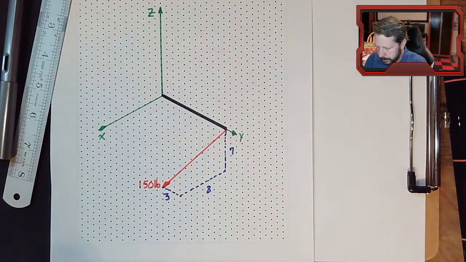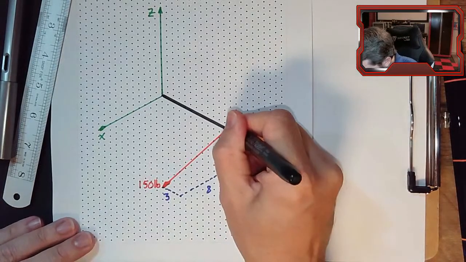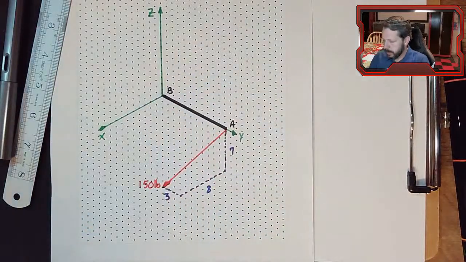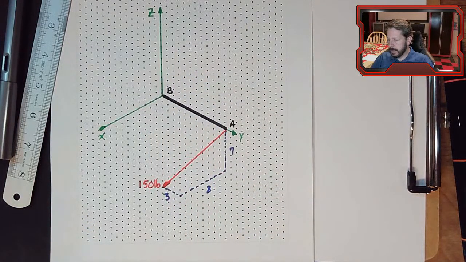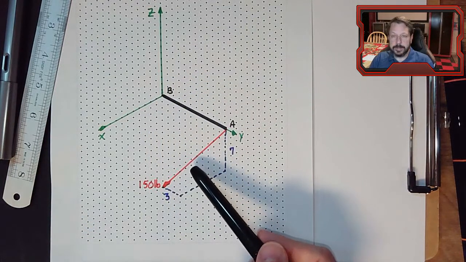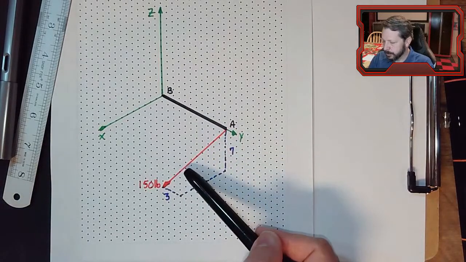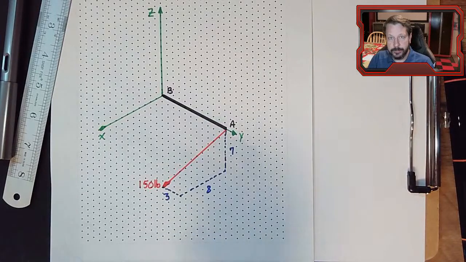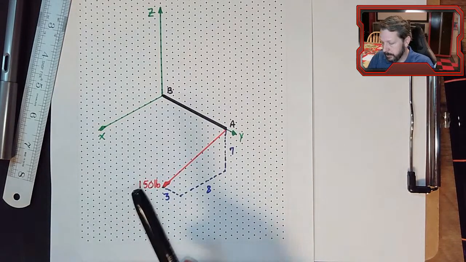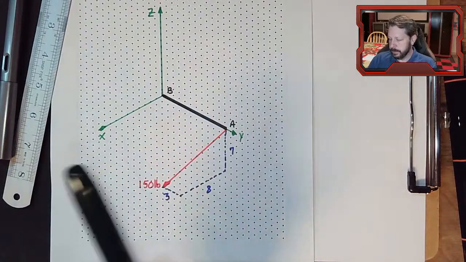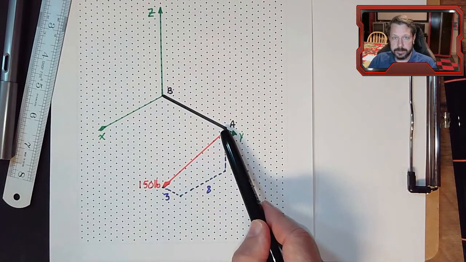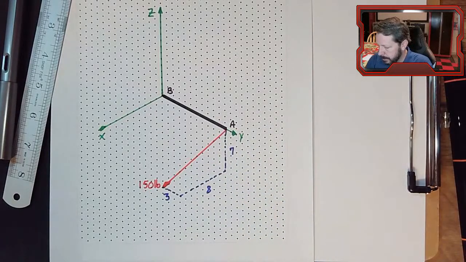And so I've got a point A here and a point B here, and I want to calculate the moment that this force creates about point B, about these three axes. So it'll have three components to it, the moment will. It'll have a moment about the z-axis, it'll create a moment about the x-axis, and it could create a moment about the y-axis also, although in this case it doesn't.